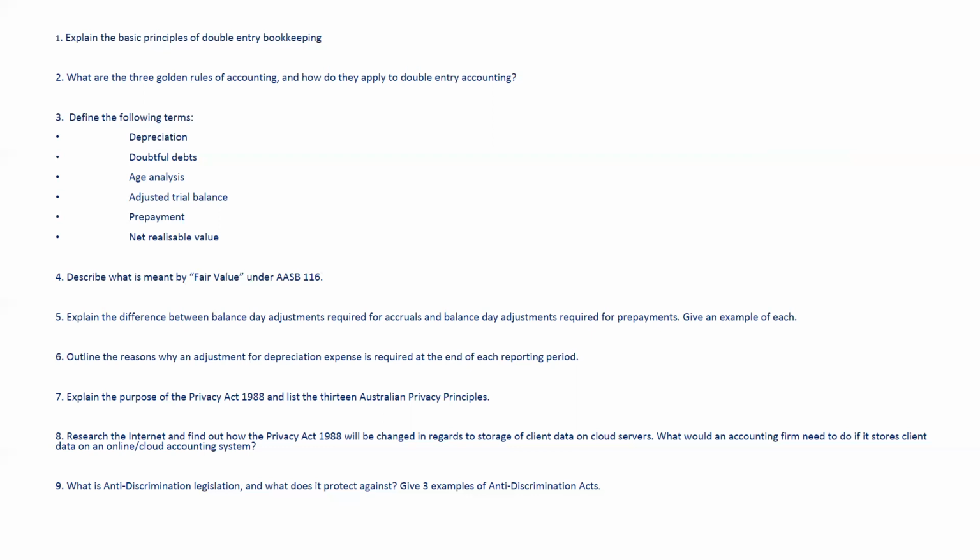Doubtful debts: maybe in your life also, suppose you gave some money to your friends, and he or she is not giving you back the money, then you're going to say that it's a doubtful debt. Age analysis: suppose you gave money to 3 of your friends.